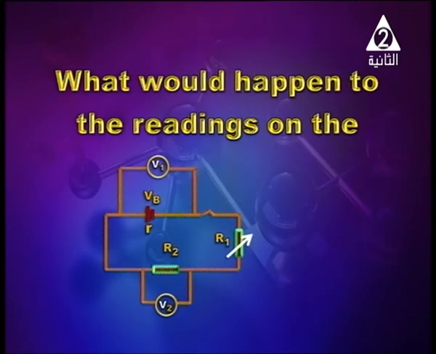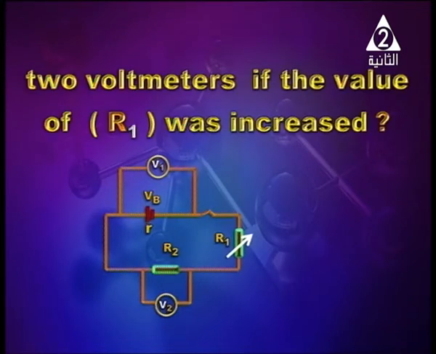Now we've got questions. What would happen to the readings on the two voltmeters if the value of R1 was increased? R1 is a variable resistance. We'll increase the value of R1, and what effect does this have on V1 and V2? Let's do it together.